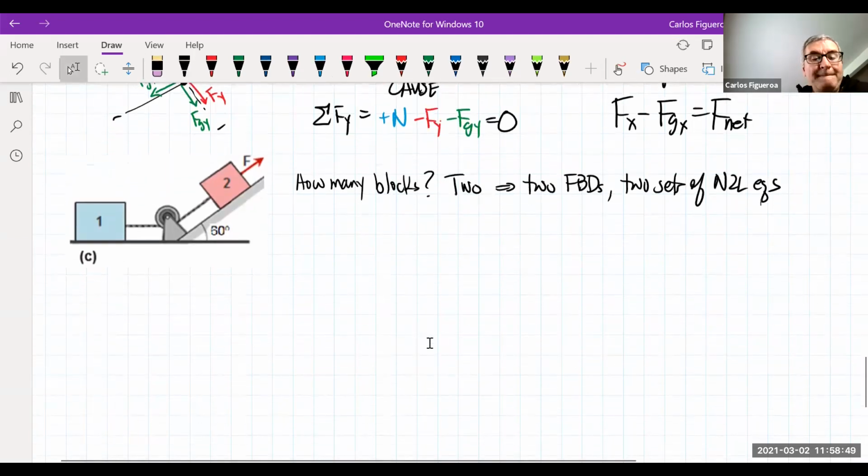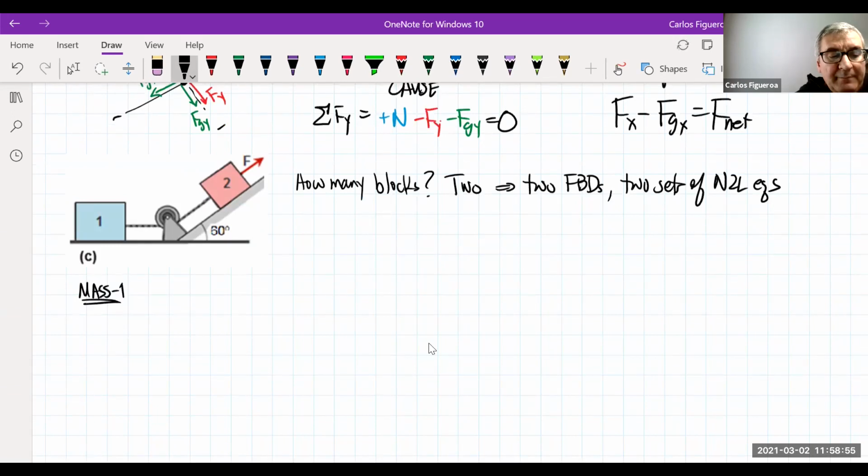So here we go. I'm going to focus on mass 1. When I look at mass 1, we clearly have a block. Since we're not including friction here, this is block 1. And what I see here is that there's this tension force that's pulling on this guy. So what am I doing? I'm going to isolate it.